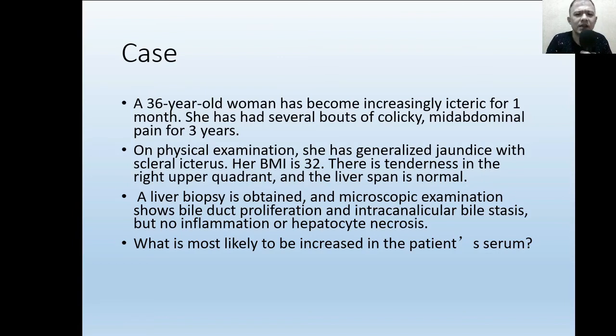On physical examination, the patient is jaundiced with scleral icterus, and BMI is 32. That is obese. There is tenderness in the right upper quadrant, and the liver span, however, is still normal. The liver biopsy is obtained, and the microscopic examination shows a biliary proliferation.